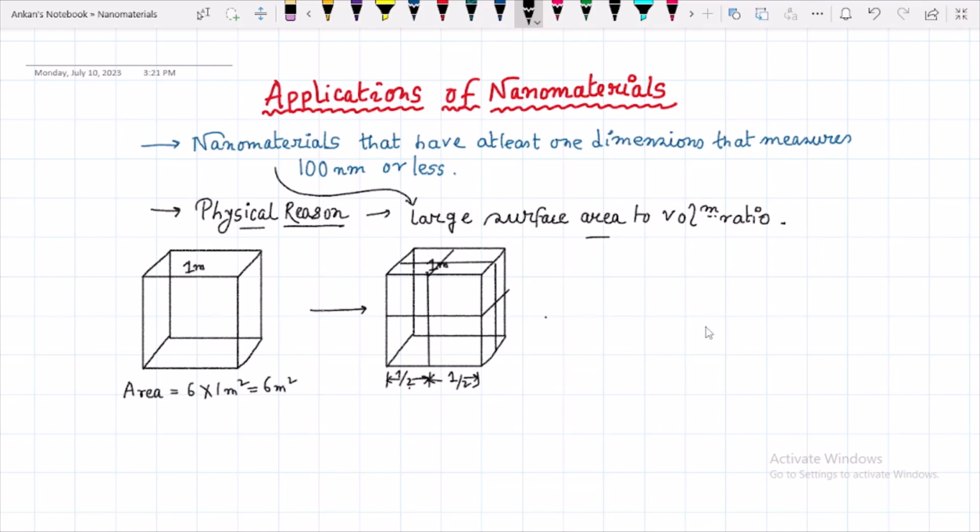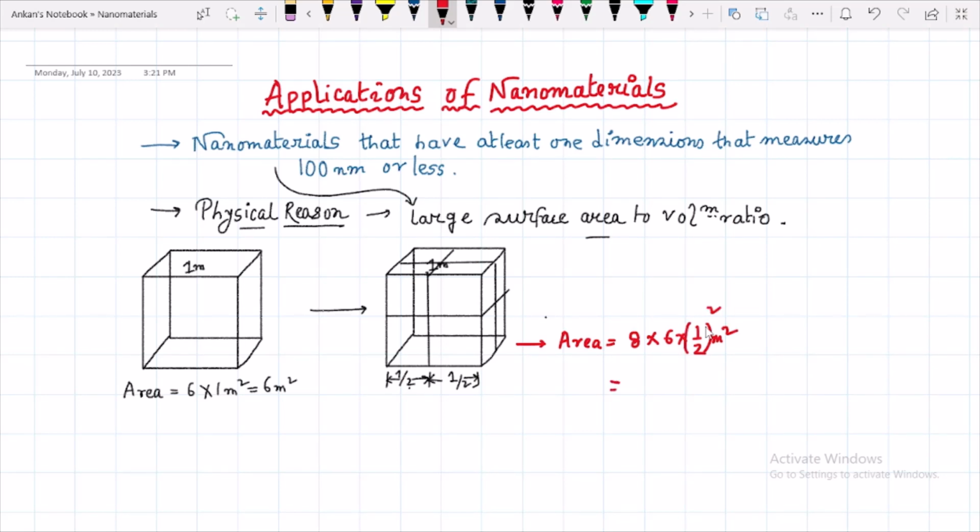Now the area becomes, for better understanding I must write this separately, 8 compartments formed due to the division, so 8 into 6 of half meter, whole squared.